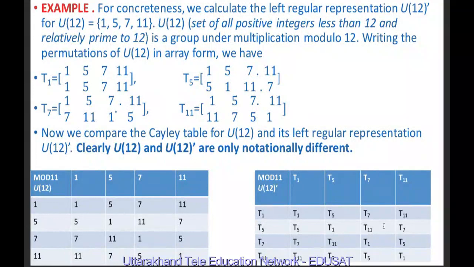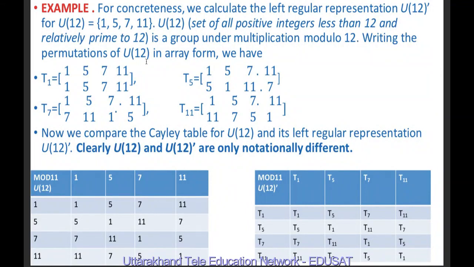For concreteness, we calculate the left regular representation U12' for U12. U12, we discussed that it is nothing but {1, 5, 7, 11}, because U12 is the set of all positive integers less than 12 and relatively prime to 12. So it is 1, 5, 7, 11. So U12 is a group under multiplication modulo 12.